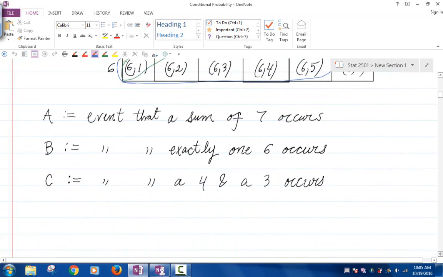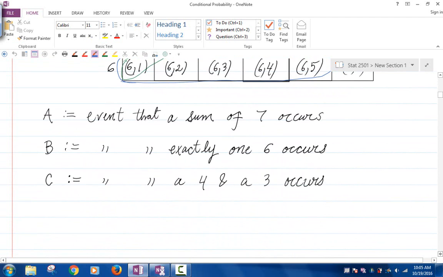Let A be the event that a sum of 7 occurs, B be the event that exactly one 6 occurs, and C be the event that a 4 and a 3 occurs.